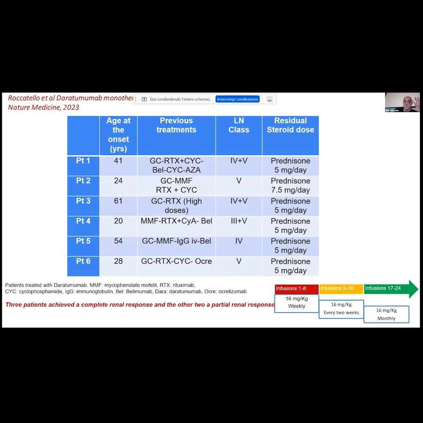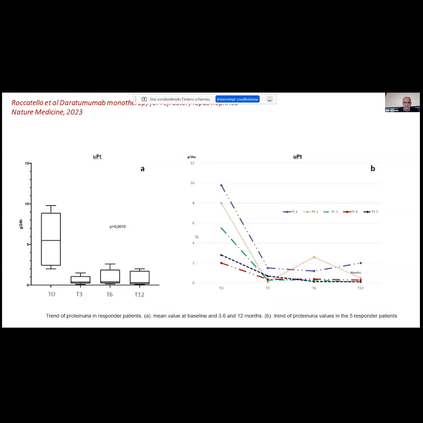We treated 6 patients who were definitely defined as refractory to standard and novel agents. They have proliferative or non-proliferative lupus nephritis, apart from systemic signs.